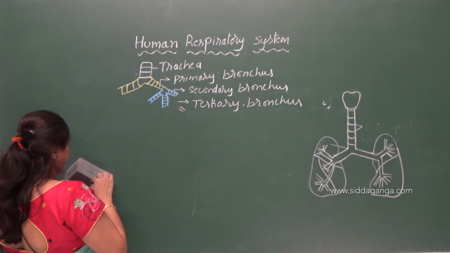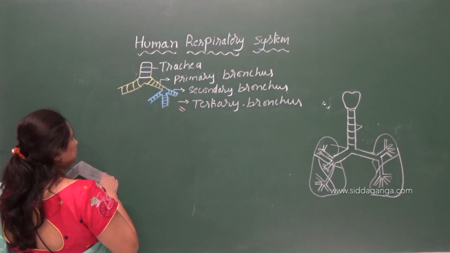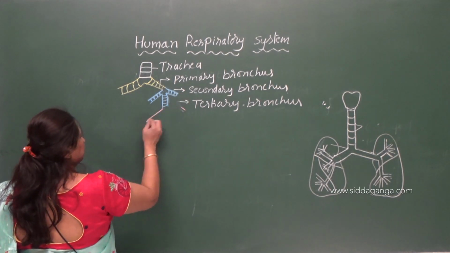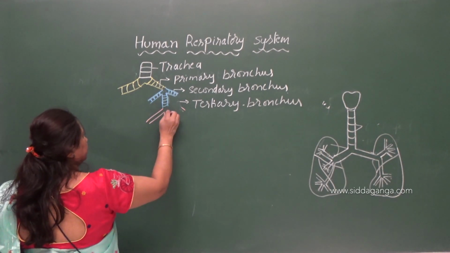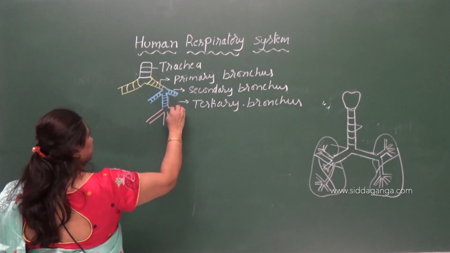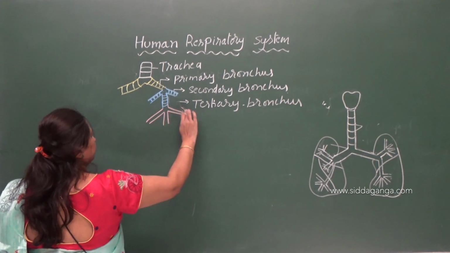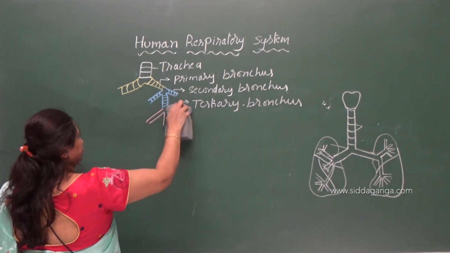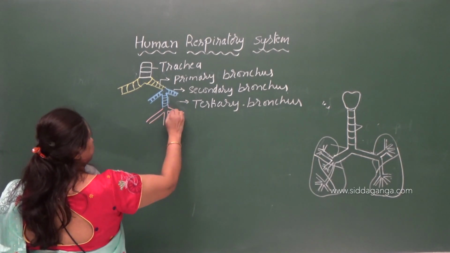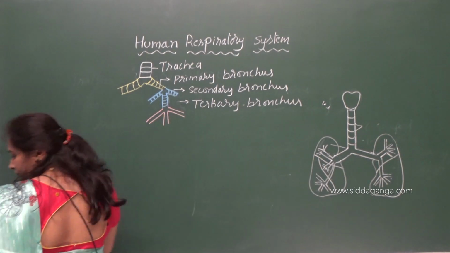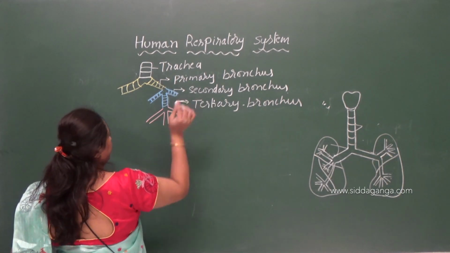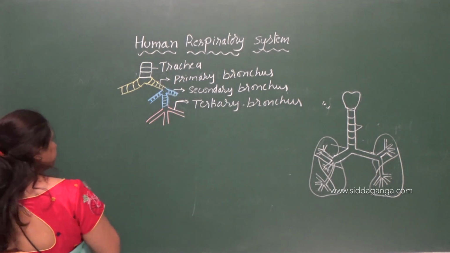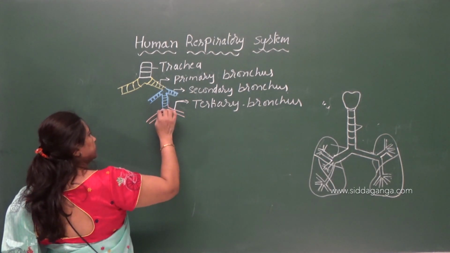Now each secondary bronchus in turn divides to form tertiary bronchi. So here also you will find cartilaginous rings.